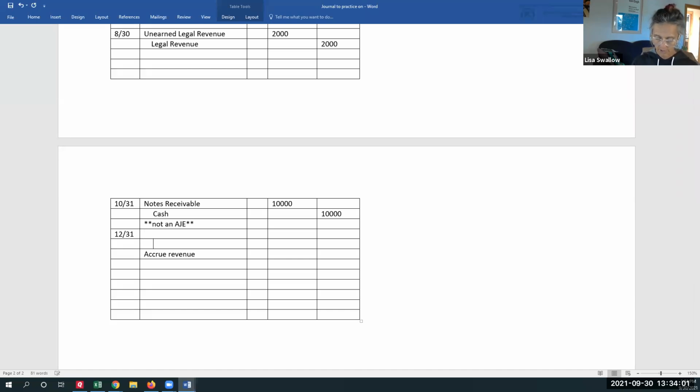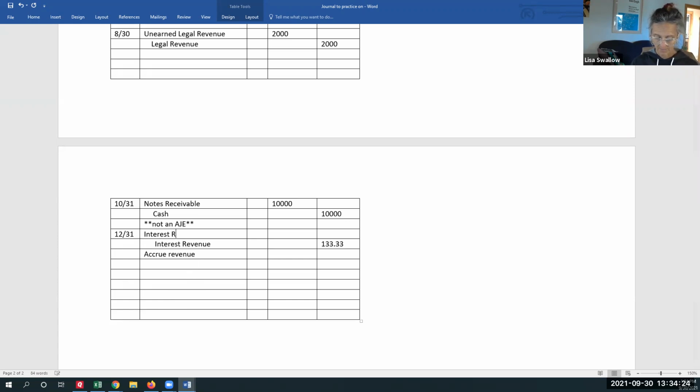So accruing revenue, I know I need one balance sheet account, one P&L account. I'm going to do the revenue. I know it's interest revenue. That's what I'm earning. That's why I lent her the money, so that I could earn some interest and hopefully help her get her show on the road that's somehow going to help me. And this is a receivable on my books. So I've used my P&L account here.